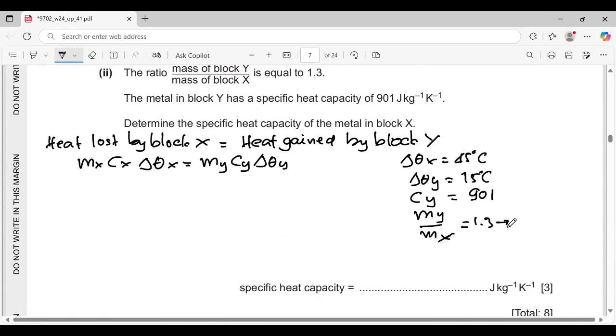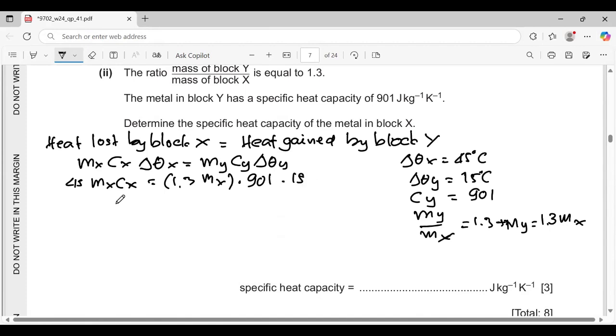So we can find that my equals 1.3 mx. Substitute this information into this formula, and it's going to be 45 mx cx equals, calculate first this one, 1.3 mx times 901 times 15.